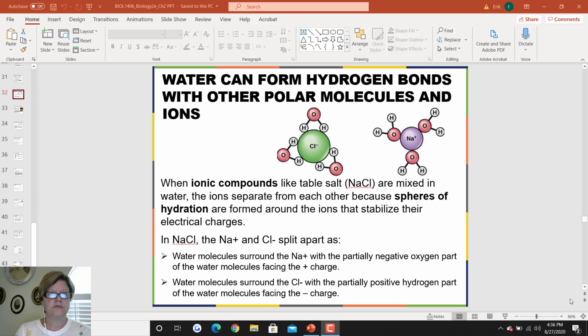Okay, we were previously talking about water being a polar molecule, and it has areas of partial charge. So this is something you should just memorize.